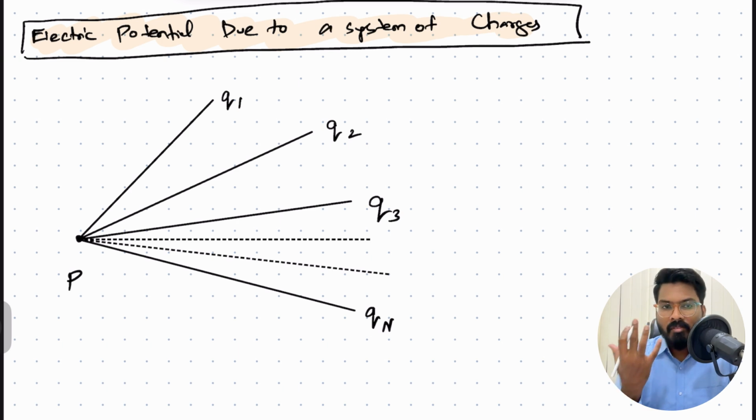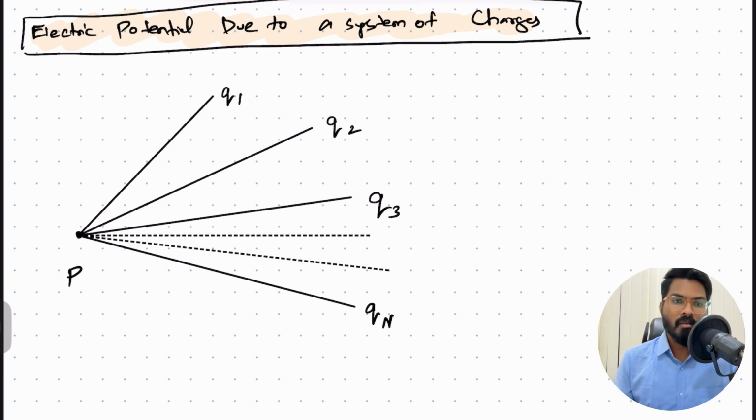Now each of these charges is at a different distance from this point P. The first charge is at R1, the second charge is at a distance of R2, the third charge is R3, and so on. Obviously this charge would be at a distance of Rn.